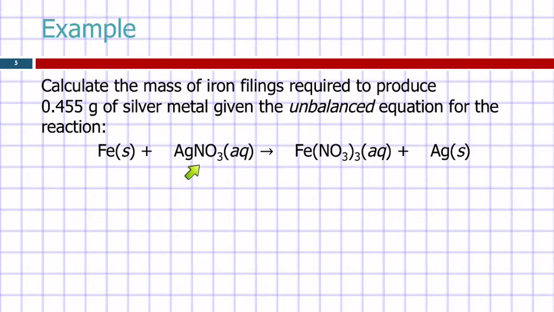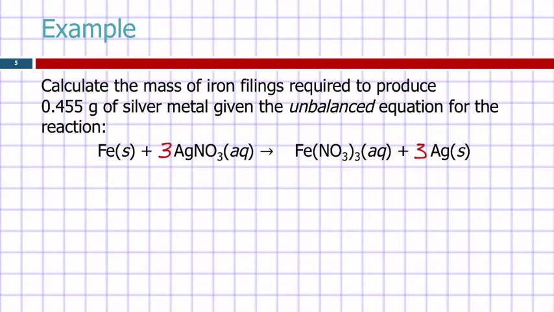The problem is the nitrates, isn't it? Here's one NO3, one nitrate ion, and over here, there's 3 of them. So how can I fix that? Oh, you put a 3 in front of silver nitrate. Yeah, let's put a 3 here, and then a 3 over here. Everybody okay with that? So there's our balanced chemical equation.